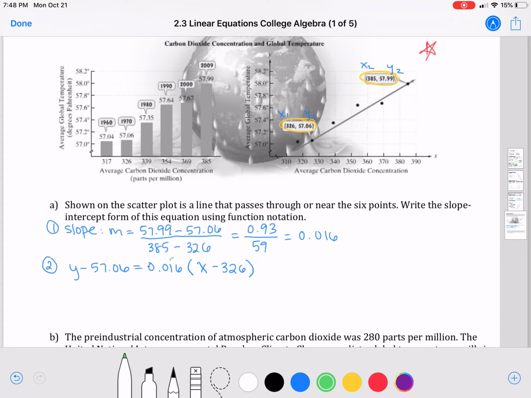So we're going to start off by distributing our slope inside of our parentheses. So y minus 57.06 equals 0.016x, and then 0.016 times 326 is going to give us a negative 5.216. And then add the 57.06 to the right-hand side of your equation.